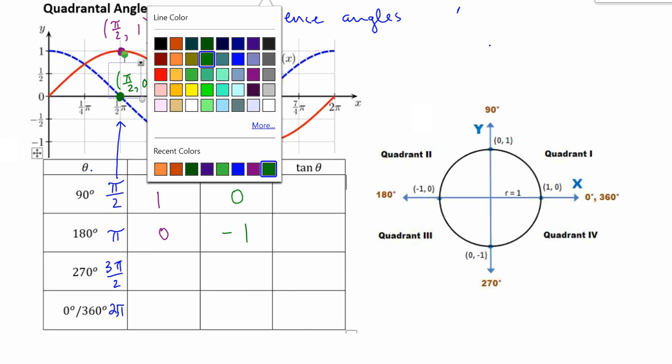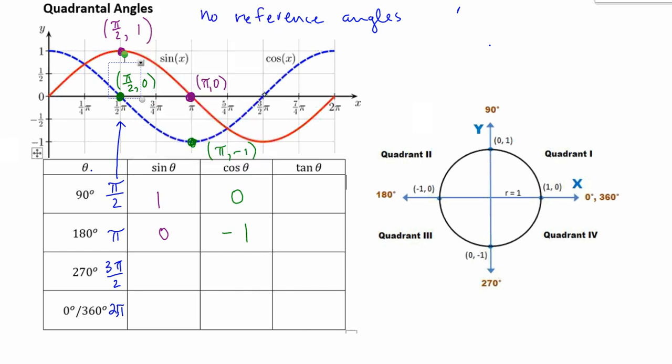Okay, keep going. Going on to 270, or 3 pi over 2. The sine graph right here, looks like that point is 3 pi over 2 comma negative 1. Okay, easy. Seeing a little pattern here. And then the cosine at that point is back here at 0. So 3 pi over 2 and 0.